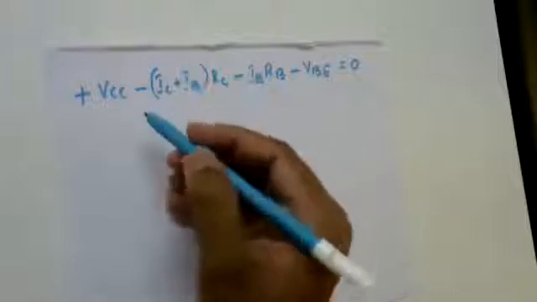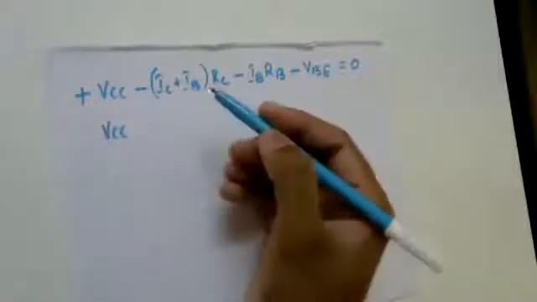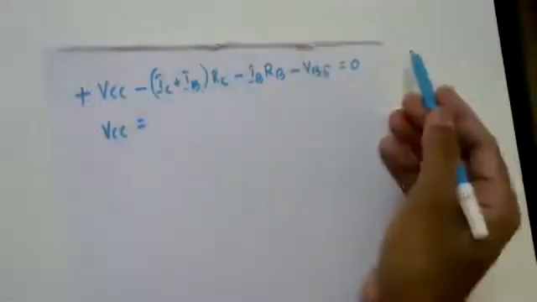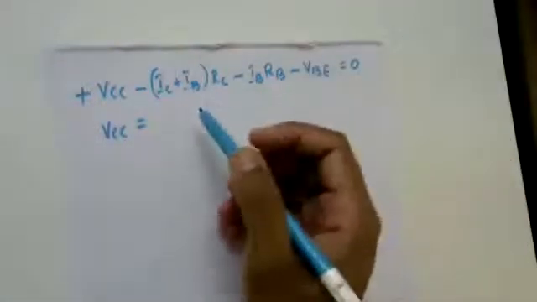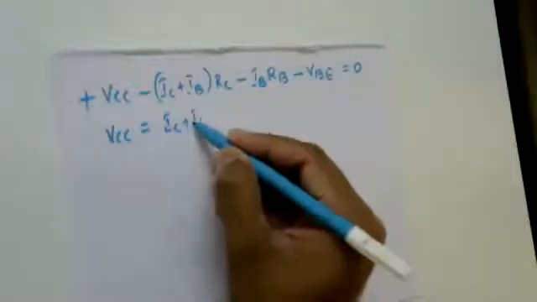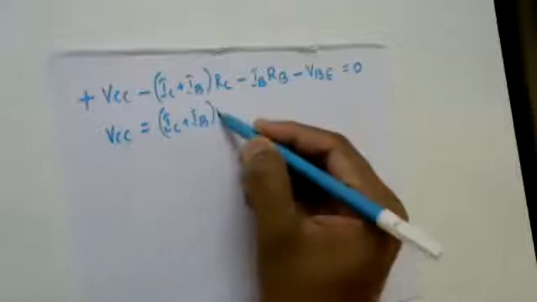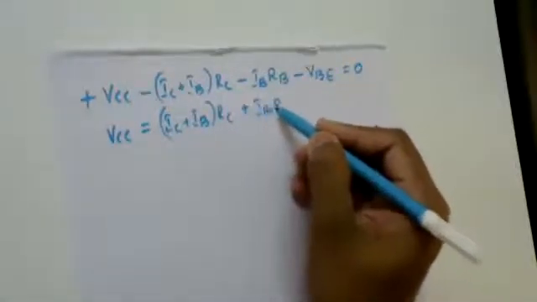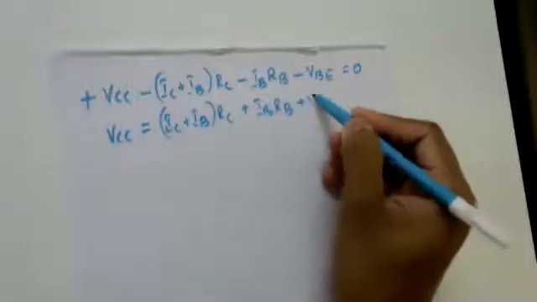So I'll be able to get this as VCC is equal to, so I'm sending all these terms to the RHS. So VCC will be equal to (IC plus IB) into RC plus IB RB plus VBE.